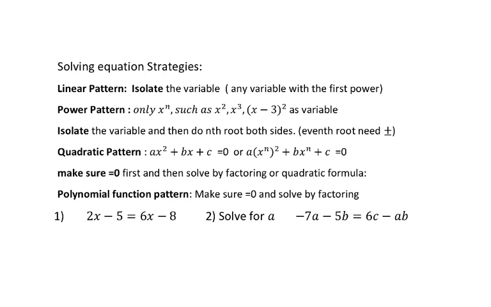That means if the variable you're looking for is to the first power, then we call this a linear pattern. For the linear pattern, the keyword is isolate the variable on one side. So isolating the variable on one side of an equation.